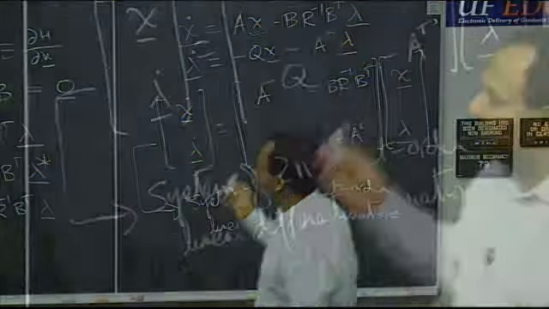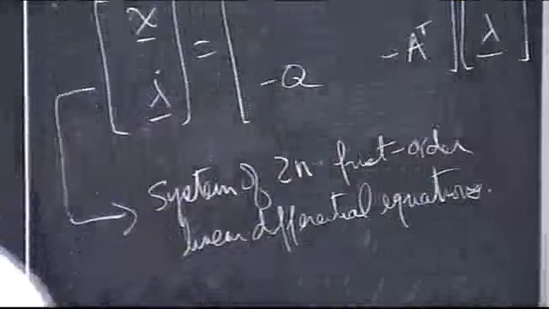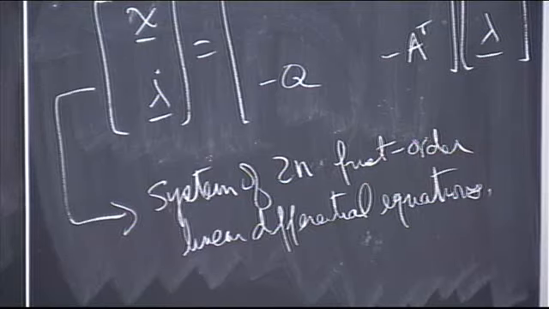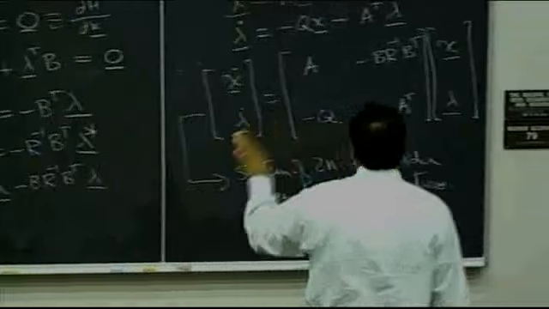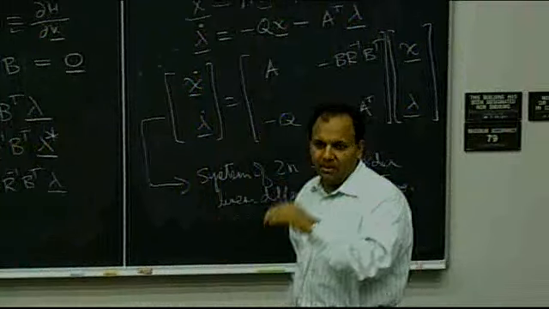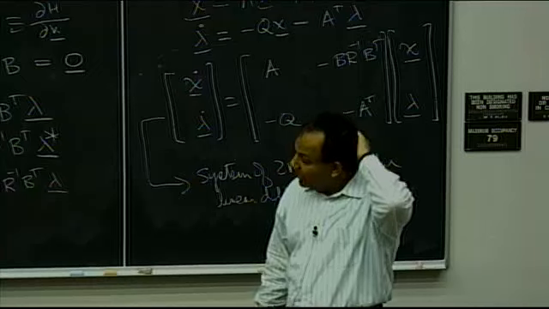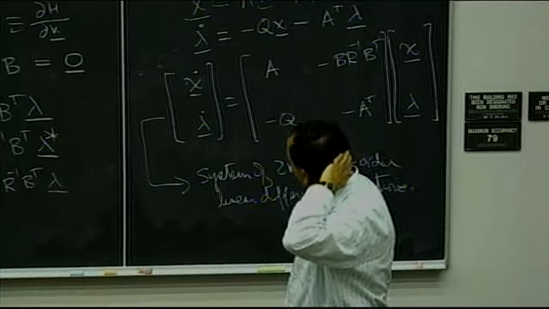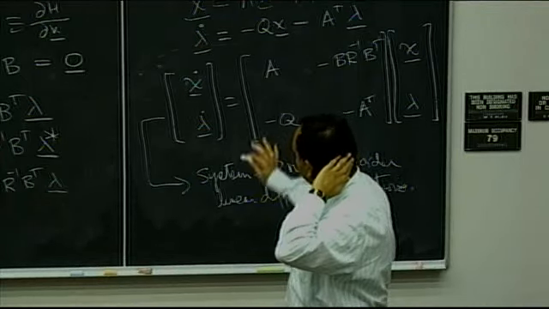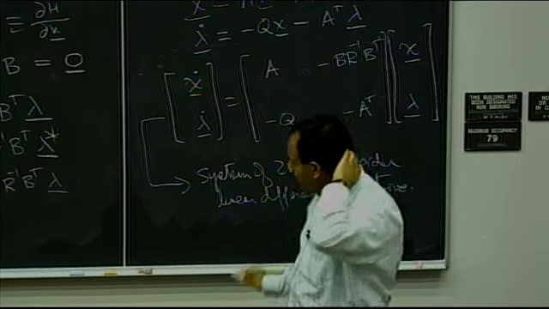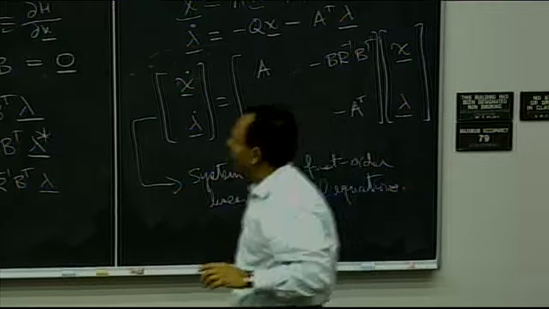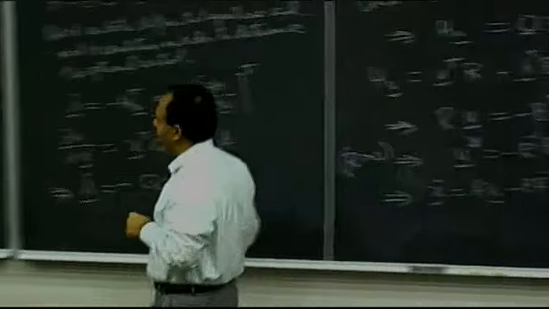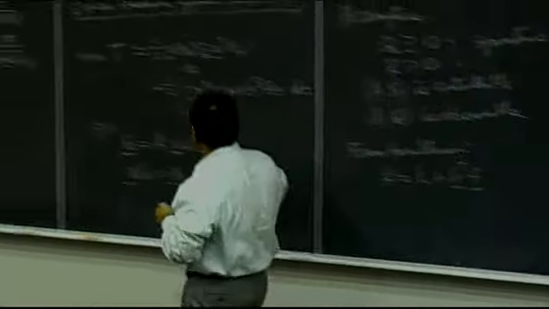Now, just for simplicity, I didn't write this assumption up here, but let's assume all these matrices are constant, okay? A, B, Q, and R are all constant because it makes the analysis a lot easier to deal with. Otherwise, the solution is a little more complicated. But assuming that they're all constant, what do we know the solution to this thing is? Well, let's make a couple of substitutions just to see this.